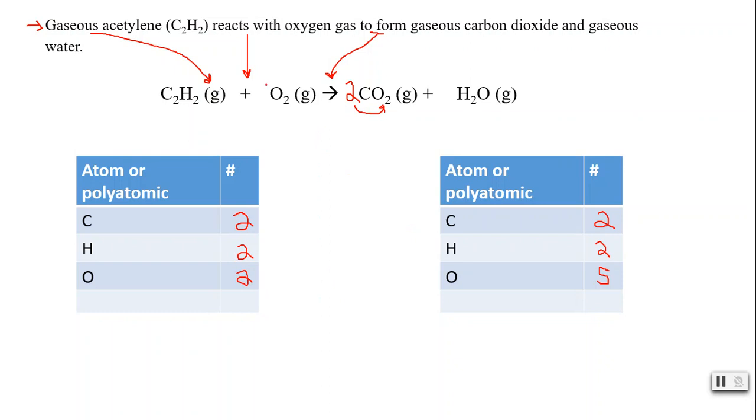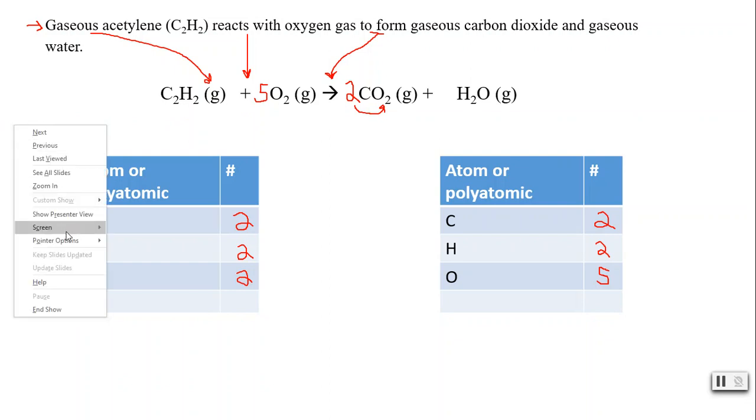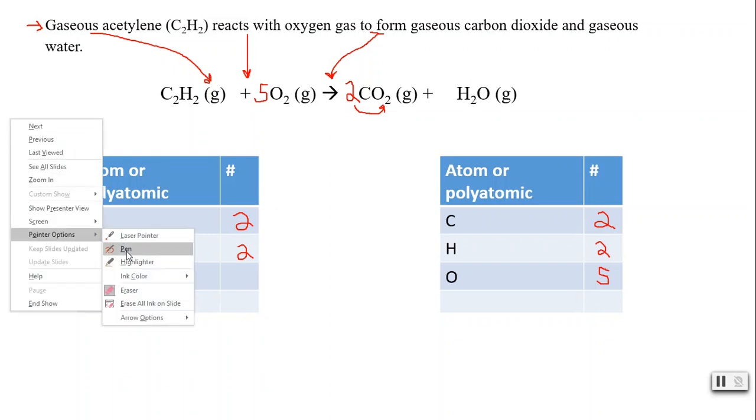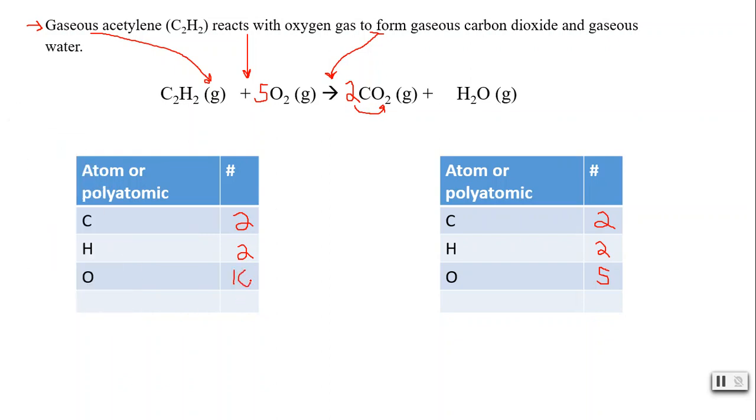So if I put a 5 in front of my oxygens here, how's that going to change things? That's going to give me, erase this, that's going to give me 10 oxygens on my reactant side.